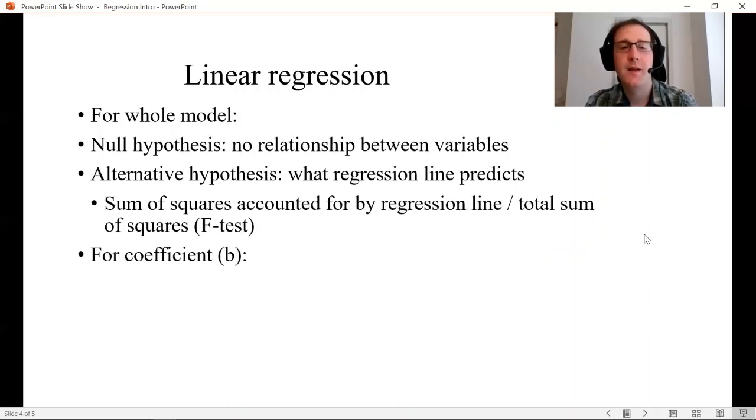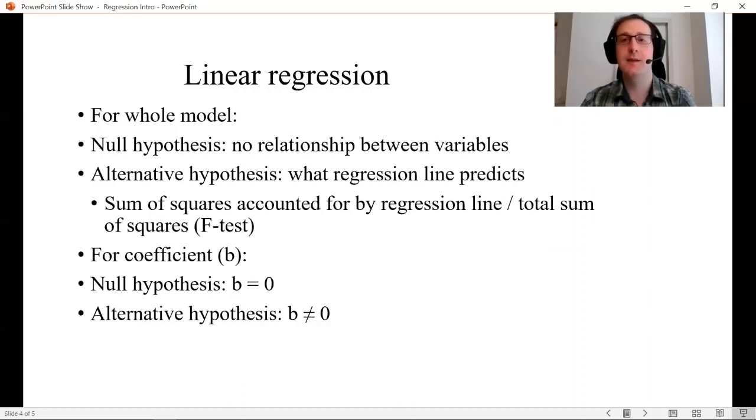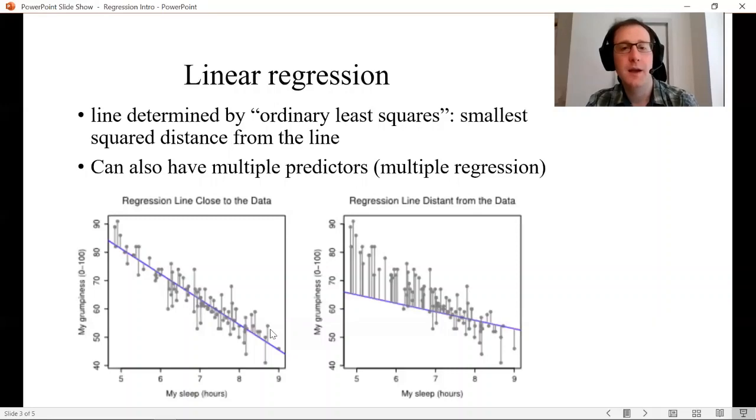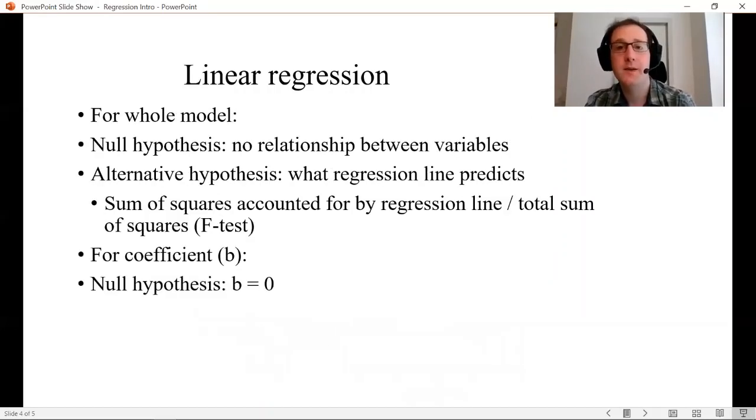So then the alternative hypothesis is that the slope is not equal to 0. So again here, it could be either positive slope, that means going a positive direction, or a negative slope, like what you see with these where it's going in a negative direction. But it's a 2-tailed test by default, that it is not equal to 0. So null hypothesis of 0, alternative hypothesis that's not equal to 0.